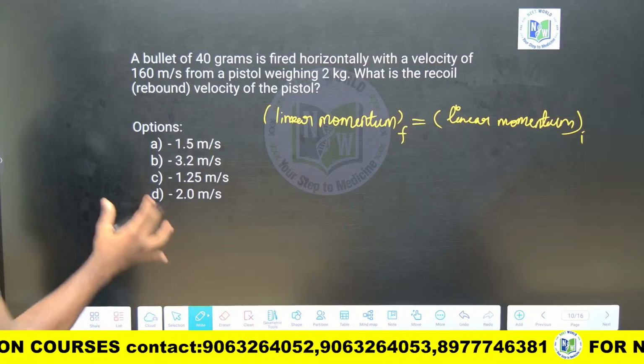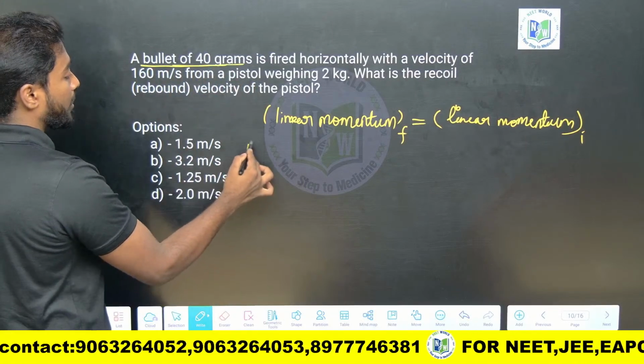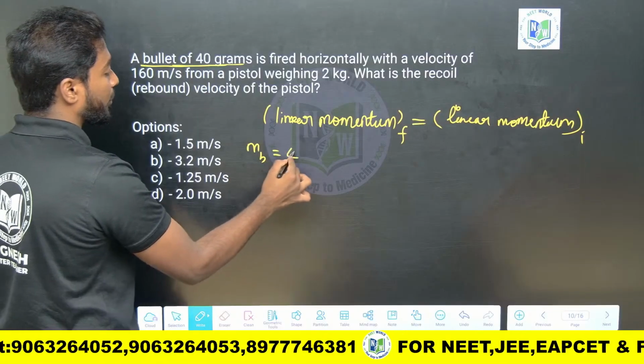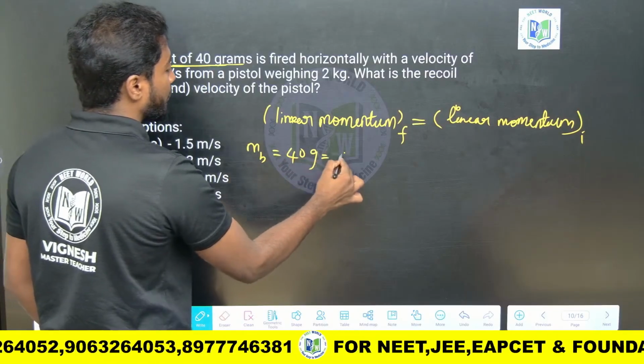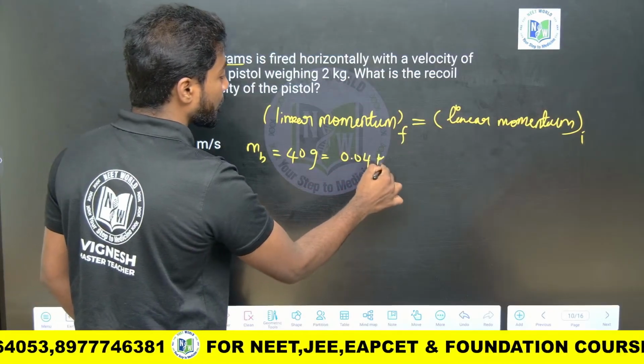Final thing I need to get: mass of the bullet is 40 gram, which is nothing but 0.04 kg, right?